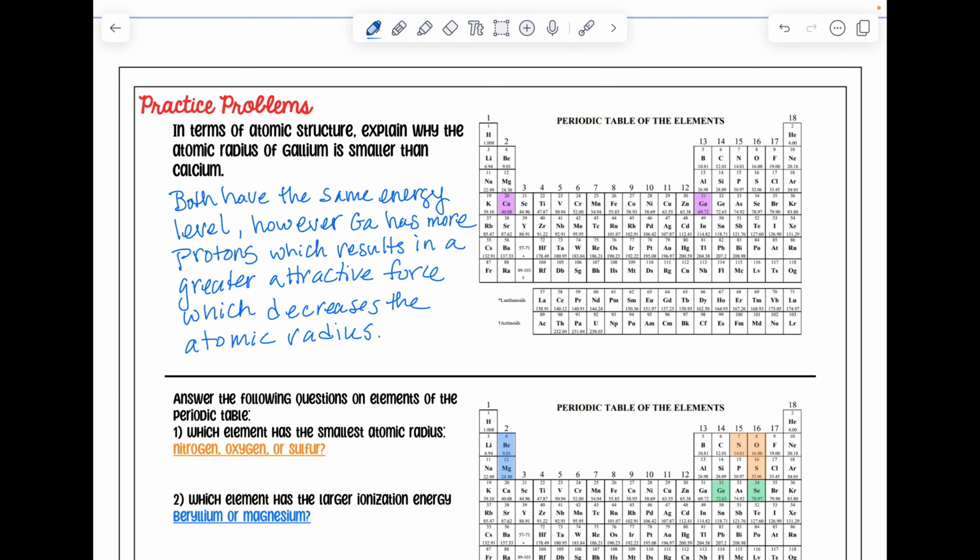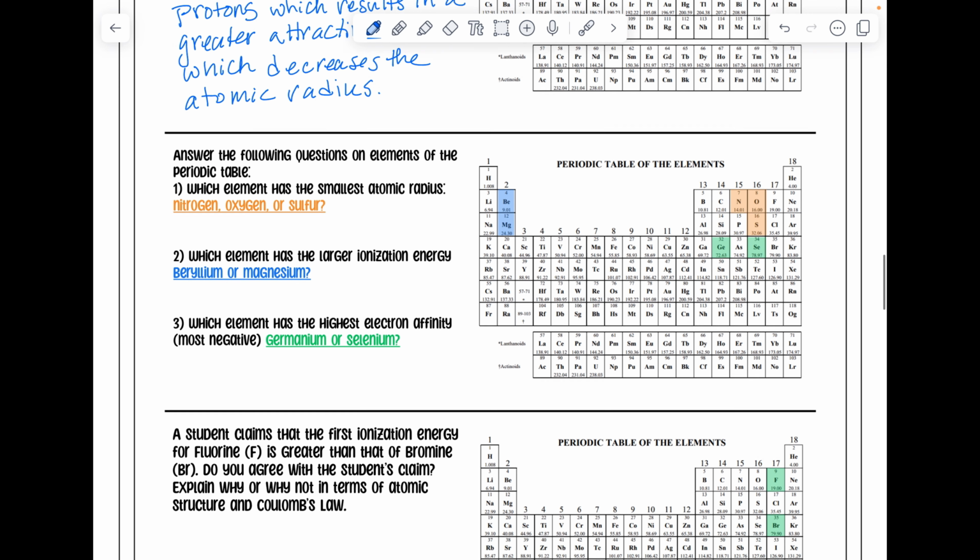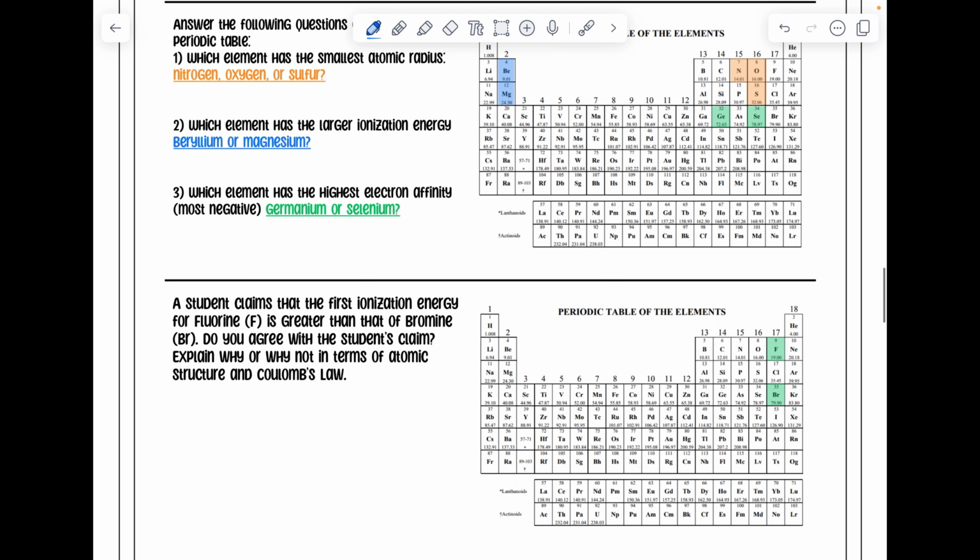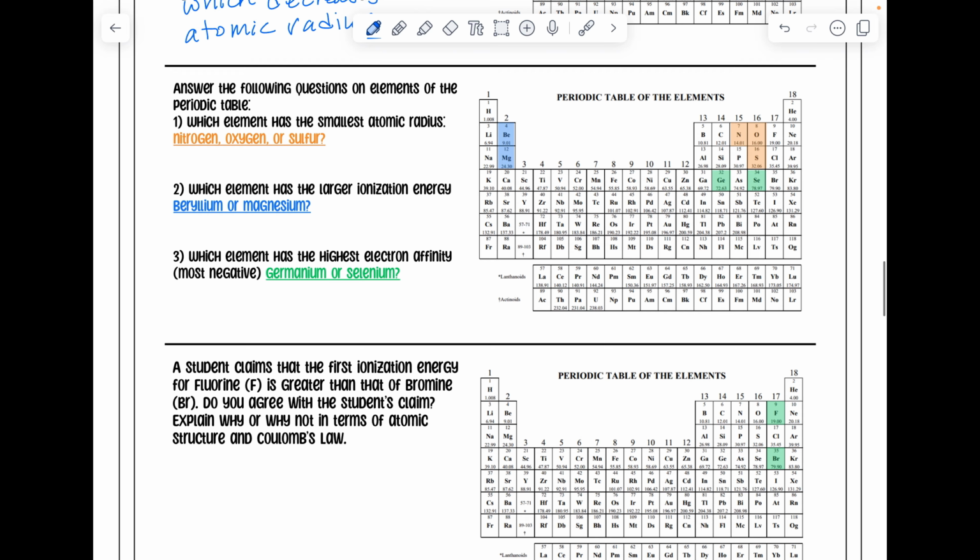So that's one example. So pause and see if you can answer these next two, and then we'll come back to them. Which has the smallest atomic radius: nitrogen, oxygen, or sulfur? Well, nitrogen and oxygen are on the same energy level too. So oxygen is a little bigger, or smaller, I'm sorry, because it has more protons.